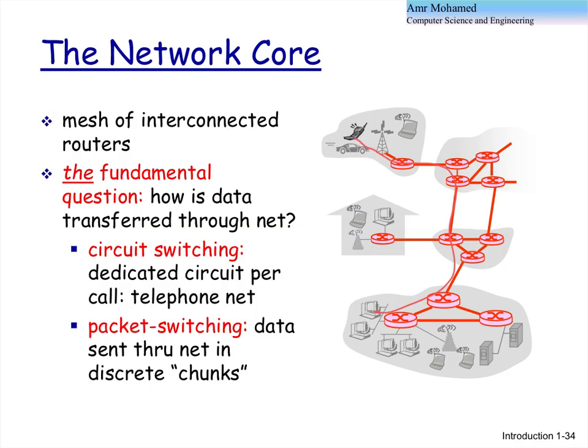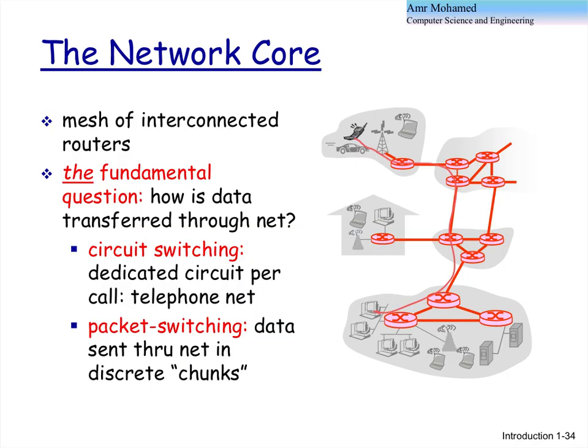So the only good thing about it is that when you establish this dedicated circuit, the performance is deterministic and expected. So if I call a certain person and he accepts my call and we establish the circuit, it doesn't happen that the call during the talk goes down, or I hear his voice, for example, fading.